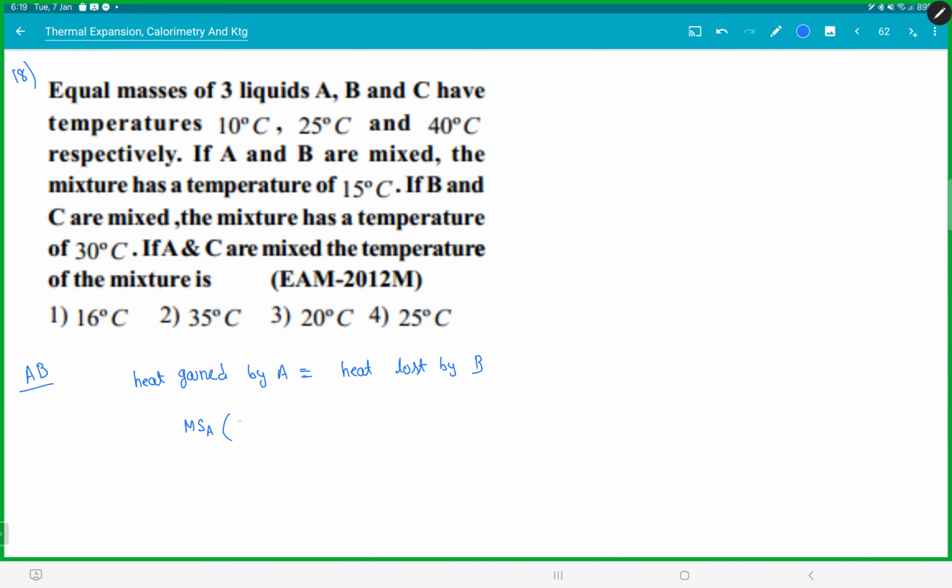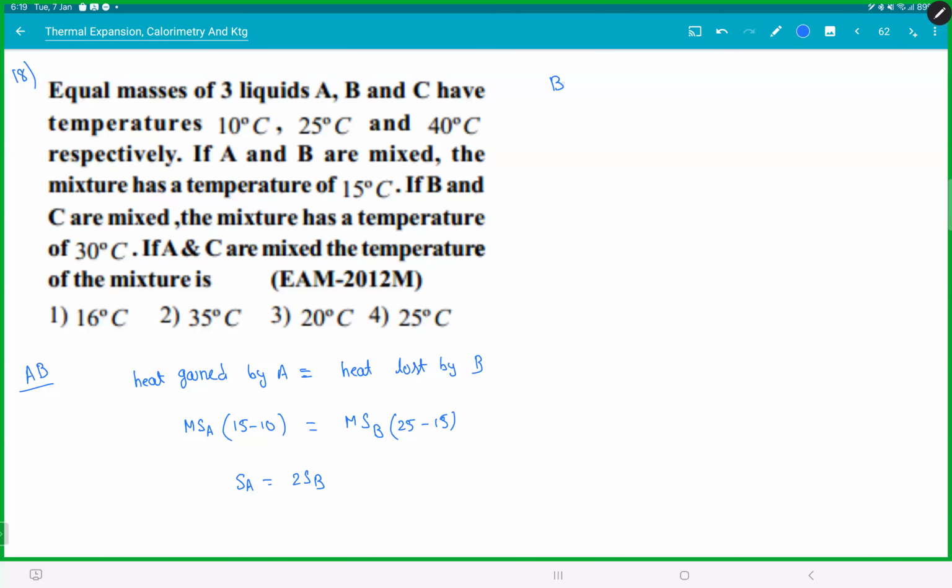Since you're gaining temperature, your final temperature is more than initial. You're losing, so your initial is more than final. I do know the temperature. How much is that? 15. This would be 25. So we get SA is equal to 2 times SB.